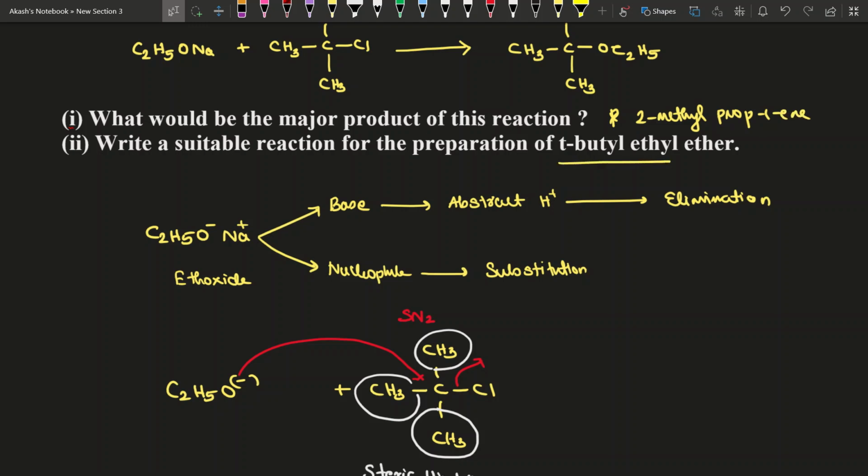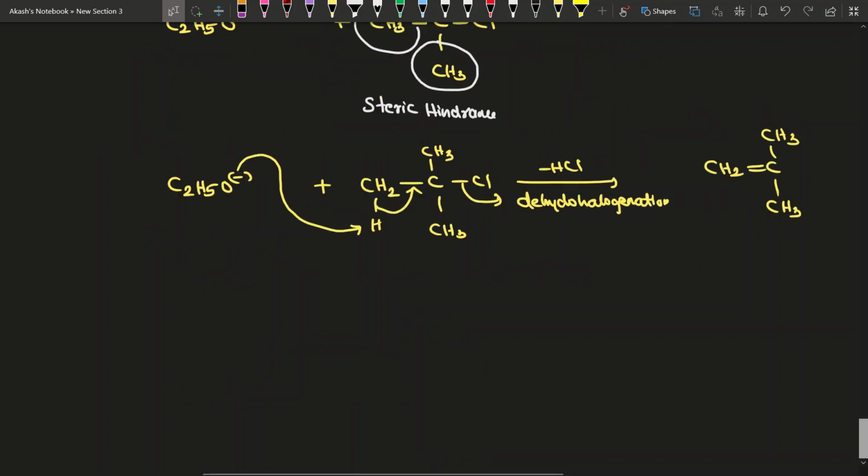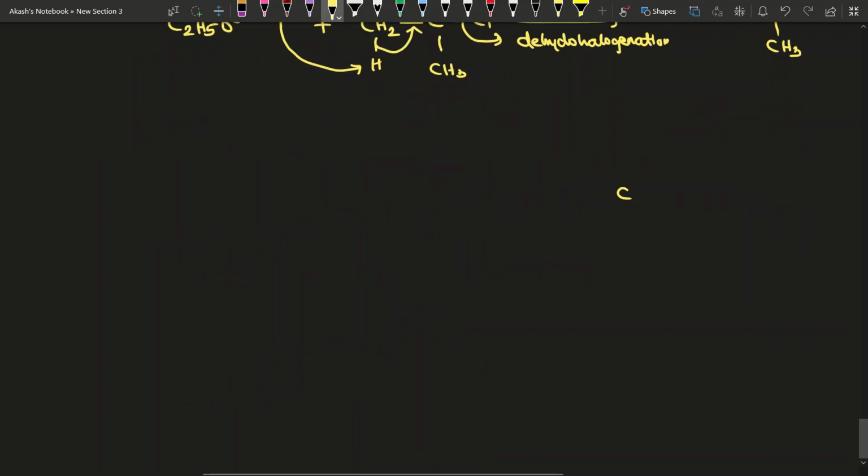If you want to obtain tertiary butyl ethyl ether, you want CH3, C, CH3, CH3, O C2H5.